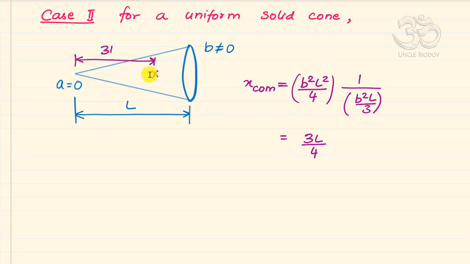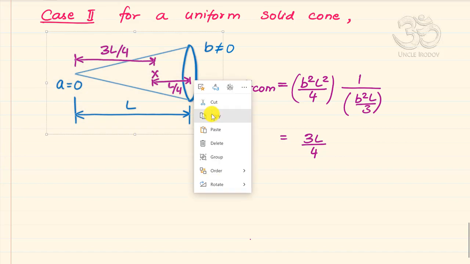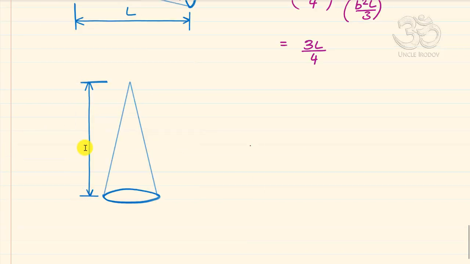And you have to keep this result in mind, people, that for a uniform solid cone, the center of mass is at L by 4 from the base. In fact, I am using L because I thought of it as a rod, but if you take this cone, we will call its height h.